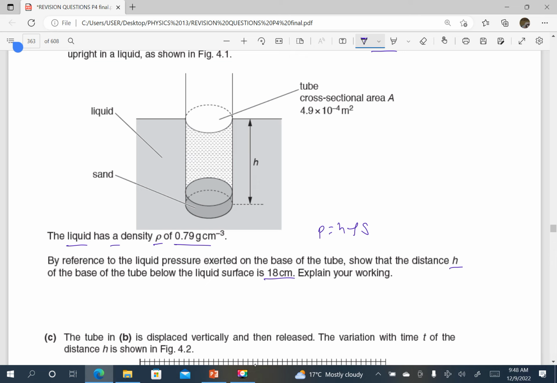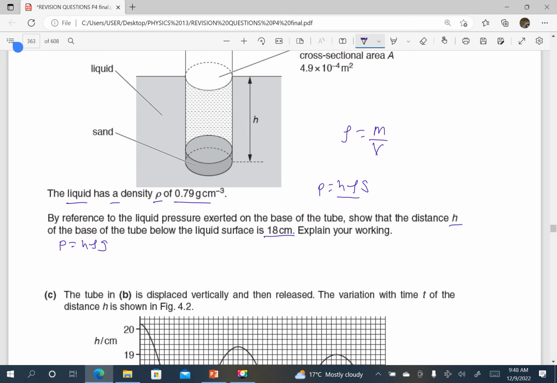So we know pressure is equal to H times density times G. But note that H times density, remember, density is equal to mass over volume.